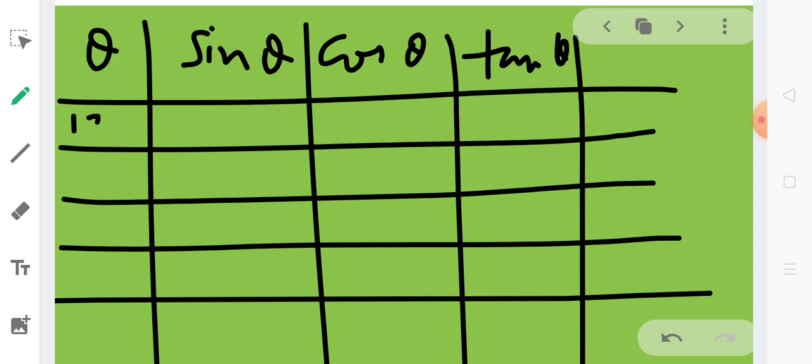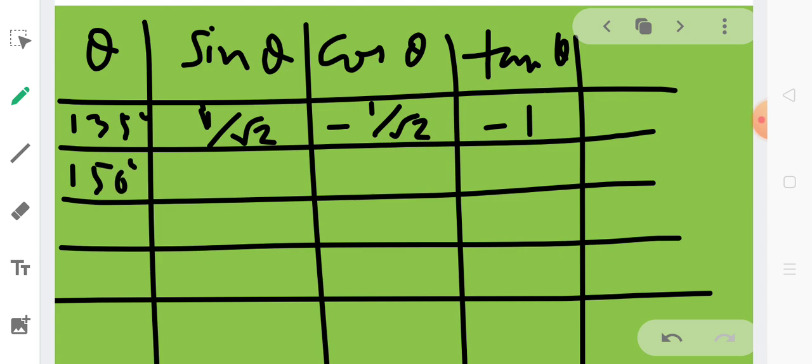For theta 135 degree, sin theta is 1 by root 2, cos theta is minus 1 by root 2, tan theta is minus 1. For 150 degree, sin theta is 1 by 2, cos theta is minus root 3 by 2, tan theta is minus 1 by root 3.